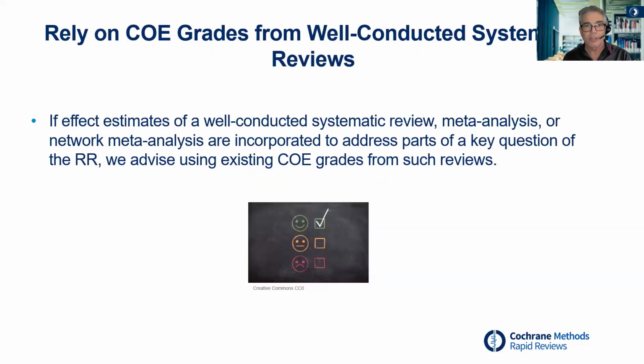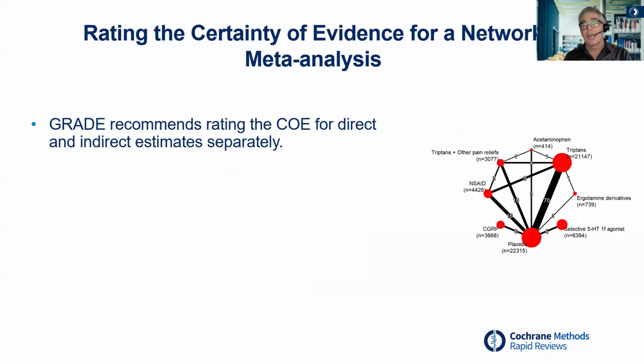If you are using a well-conducted review as the base of a rapid review, and this review used GRADE, then consider relying on the existing certainty of evidence grades from such a review. A special case of using existing systematic reviews includes the use of network meta-analysis.